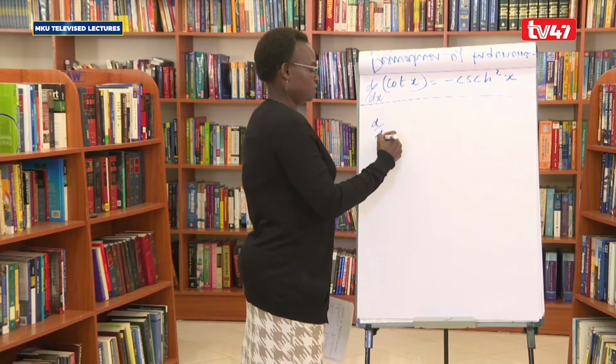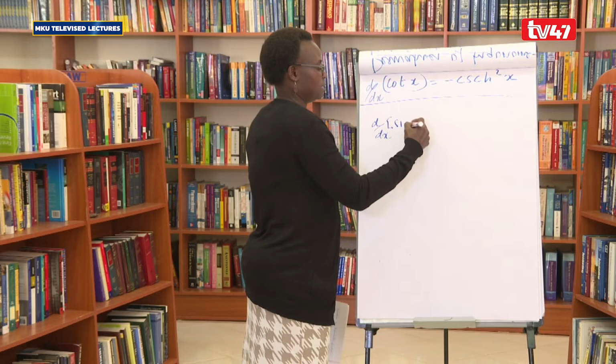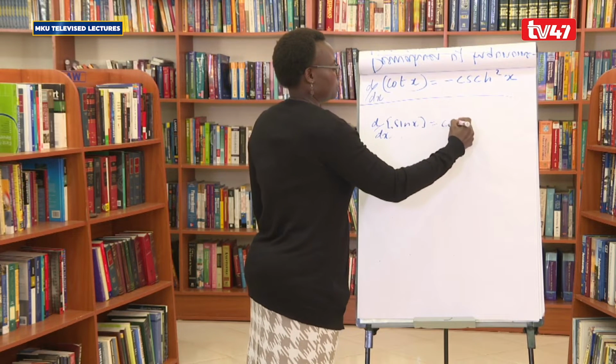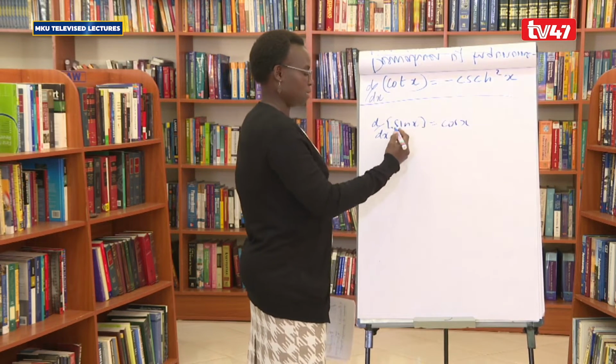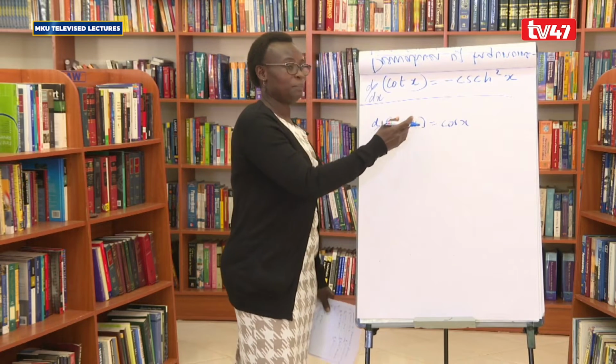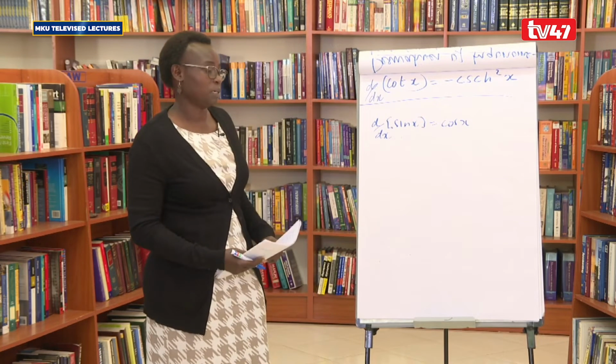Okay, so these derivatives can still be expressed in terms of, for example, where we are saying the derivative of sine x is cos x, because this might appear to be specific.